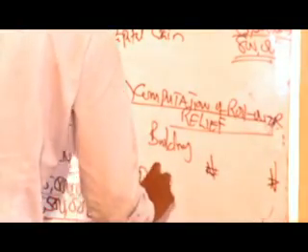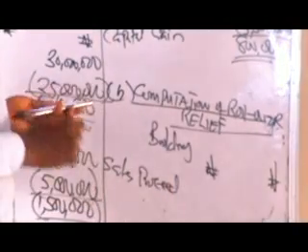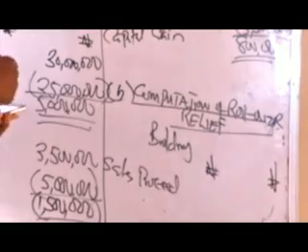Of course, for the building, you still go back and say sales proceed. And the sales proceed is 30 million.